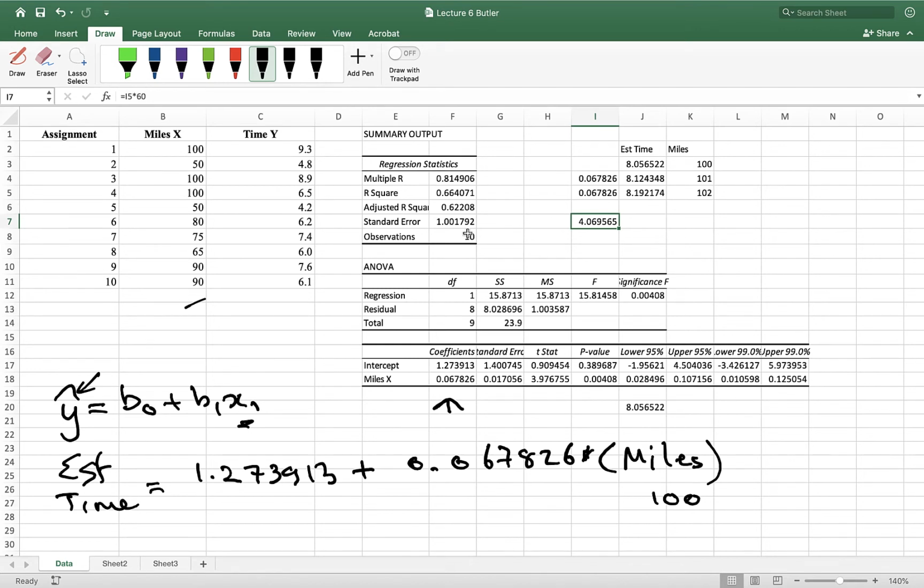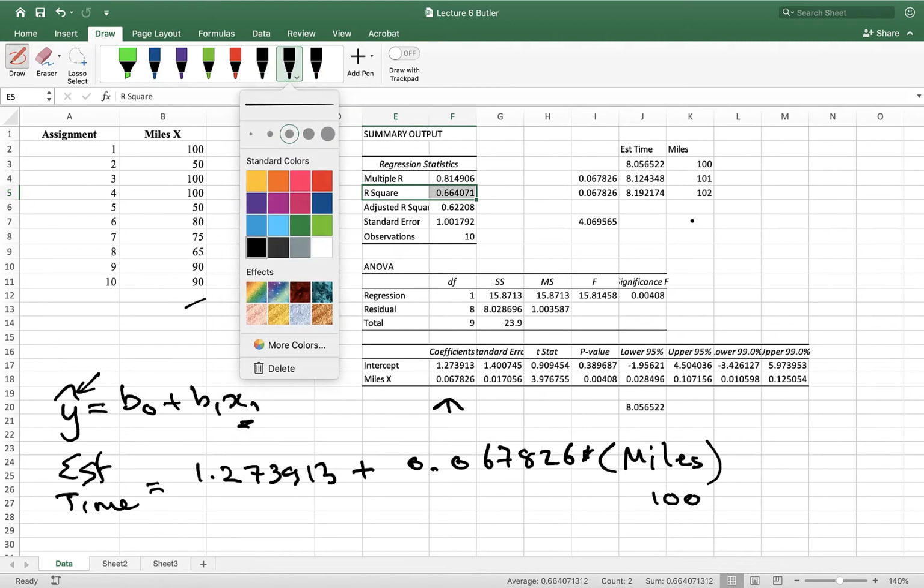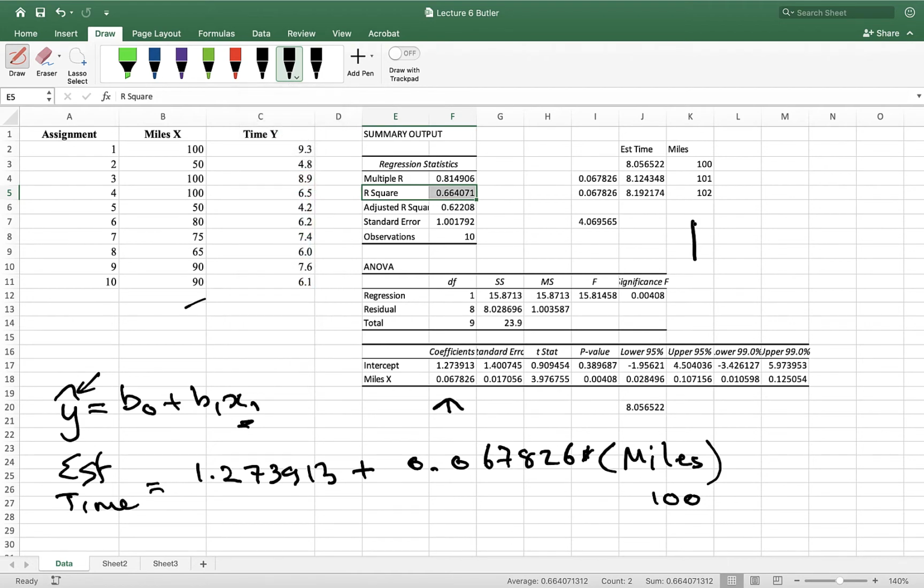And we also said that R squared, telling us how good the model is, is 66%. So what I can do is say on this scale, remember the scale for R, it goes from 0 to 1. 50% is about here, 66% is somewhere around here.